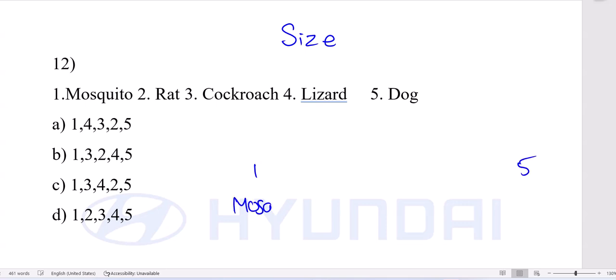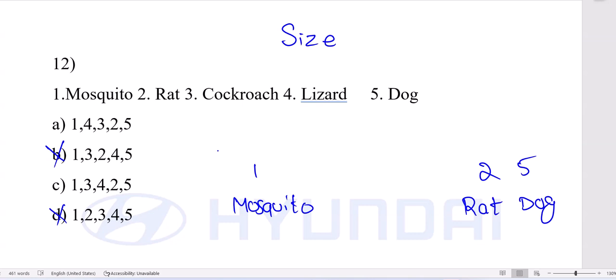So mosquito is the smallest one among all. Ending with 5, we have a dog. Right. So in between, rat, cockroach, lizard. So rat, before this two should be there. So anyhow, two options are eliminated. Then we have to decide between cockroach and lizard. So which one?